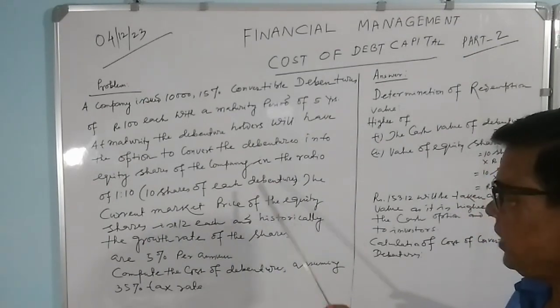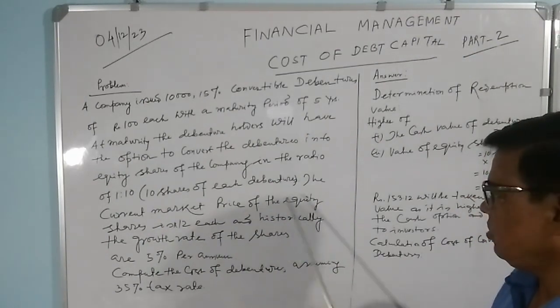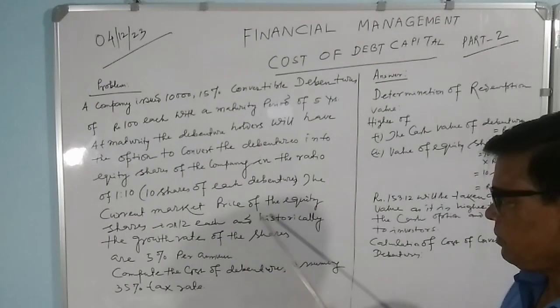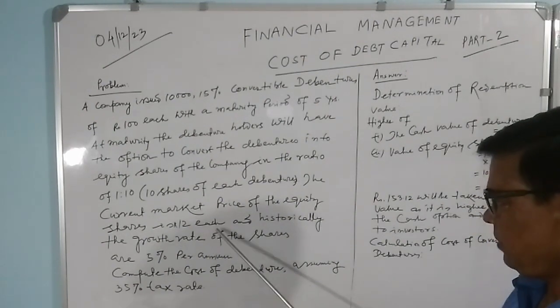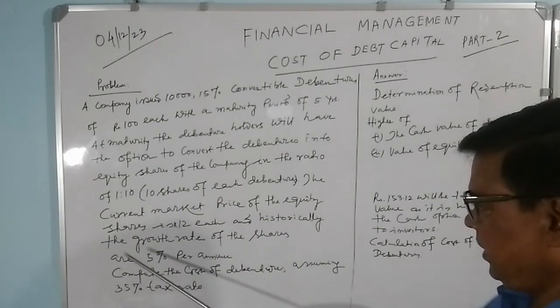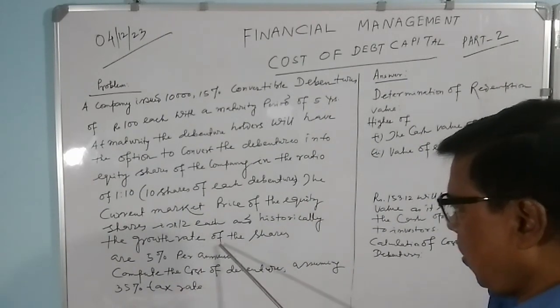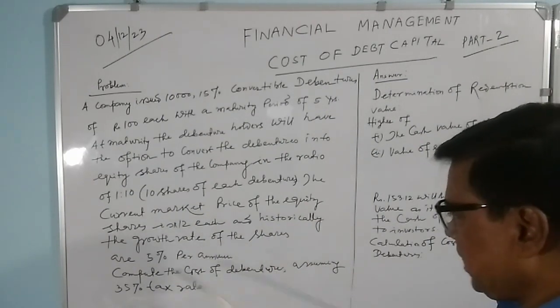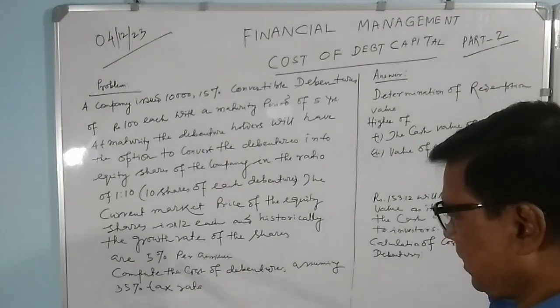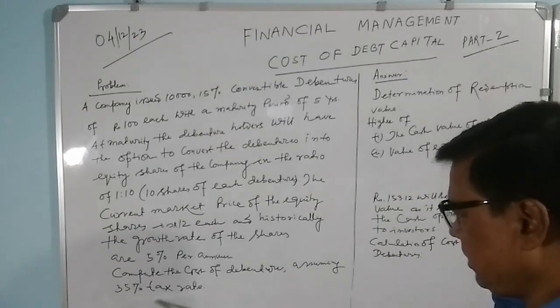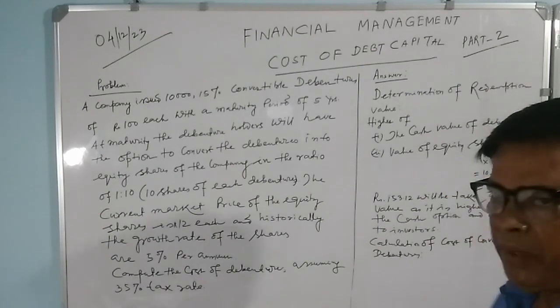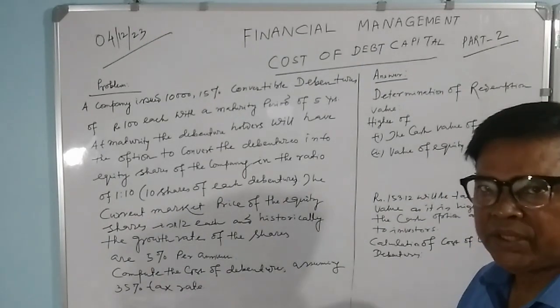That means for each debenture, 10 shares will be given. The current market price of the equity shares is 12 each, and historically the growth rate of the shares is 5% per annum. Compute the cost of debentures assuming a 35% tax rate.